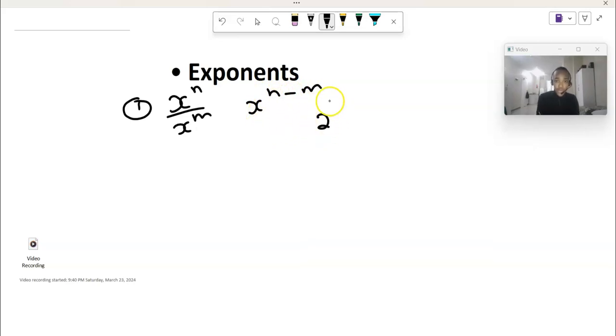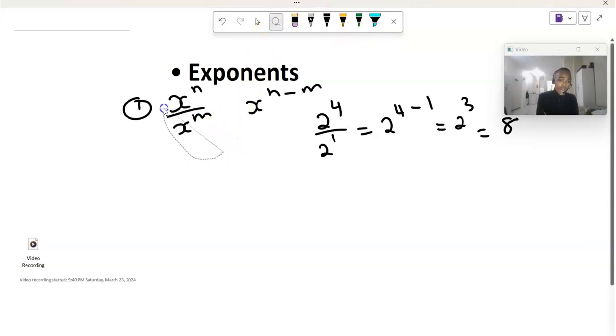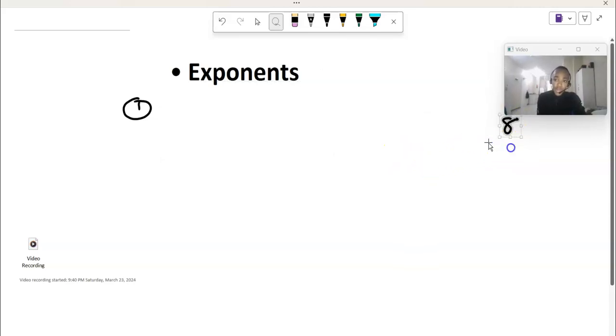So if we have 2^4 over 2, this is a 1, so 4 minus 1, which is 2 cubed, which is 8, right? Basically when we are dividing, we are subtracting the exponents as long as the bases are the same, and when we are multiplying, we are adding the exponents.